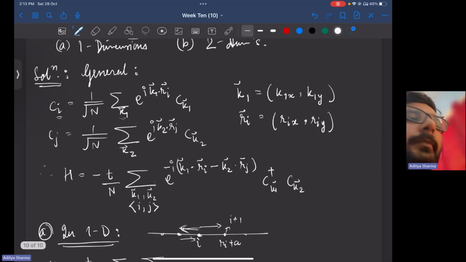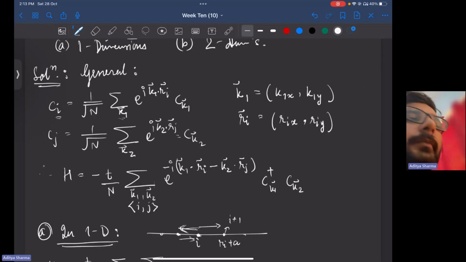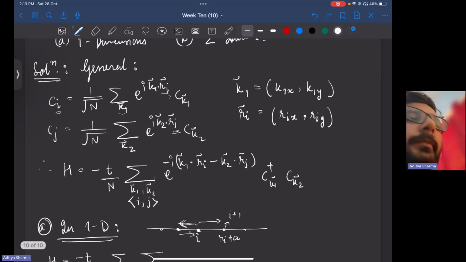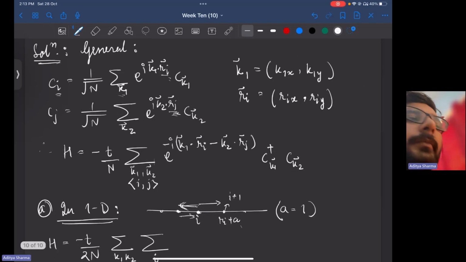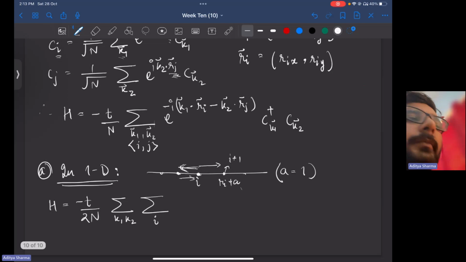And this is going to create some confusion. What are we multiplying this with? We're not multiplying with the number, right? We're multiplying with the distance. So suppose a is 1. Depending, we'll probably take a as 1 or keep it as a. a is the lattice spacing. Okay.